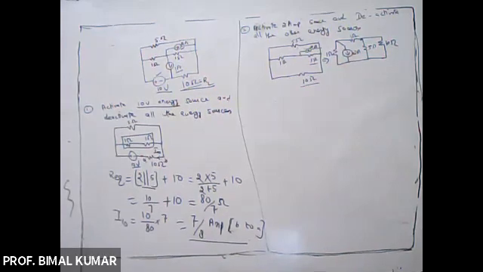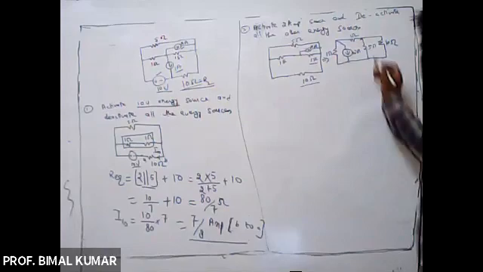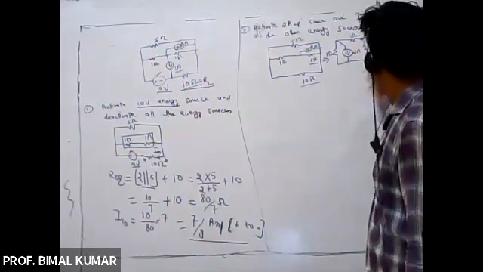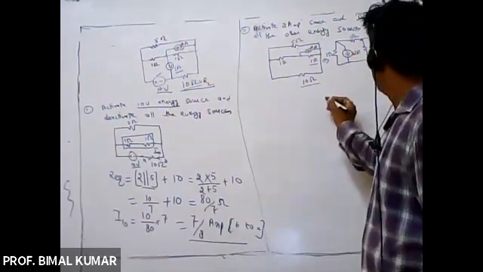Now what to do? I want the current in the 10 ohm resistance, and you may see that 5 and 10 ohm are in parallel.